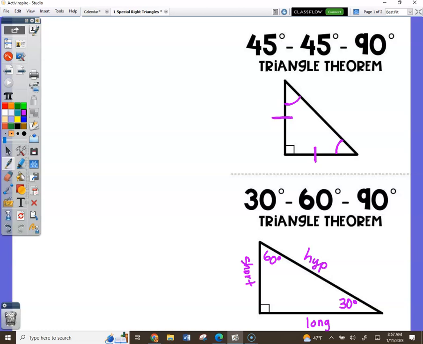The way you label a 45, 45, 90 is more of whether it's a leg or the hypotenuse. So the hypotenuse is over here, and this is a leg, and this is a leg. The reason we just call them that is because they're equal. There's no need for short or long, because they're the same length.